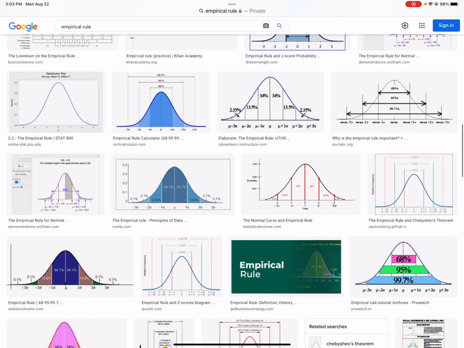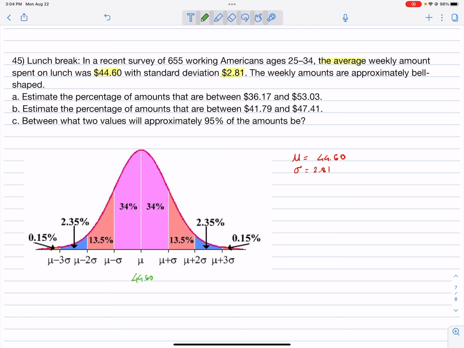Then you can plug in the numbers. Mu is 44.60, and we add sigma: 44.60 plus 2.81 gives 47.41.